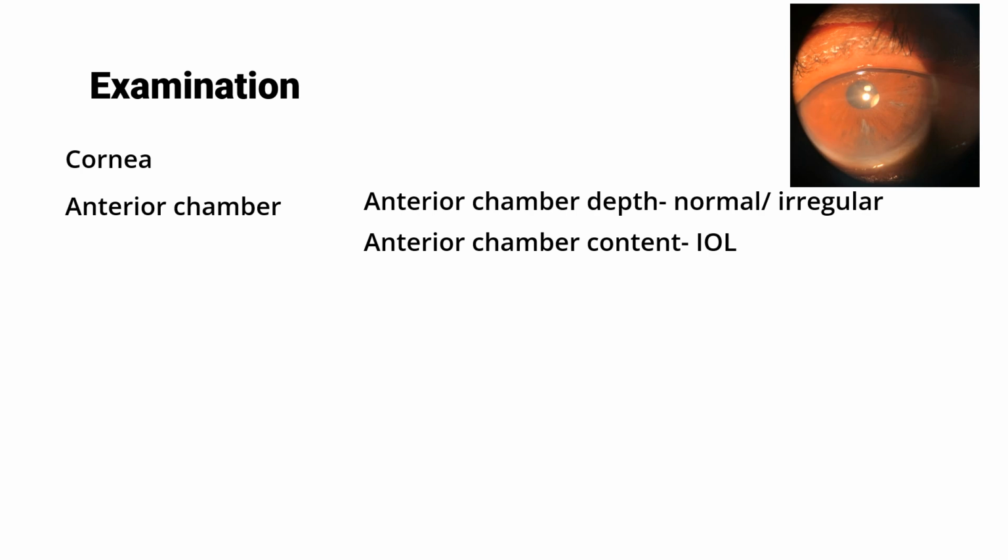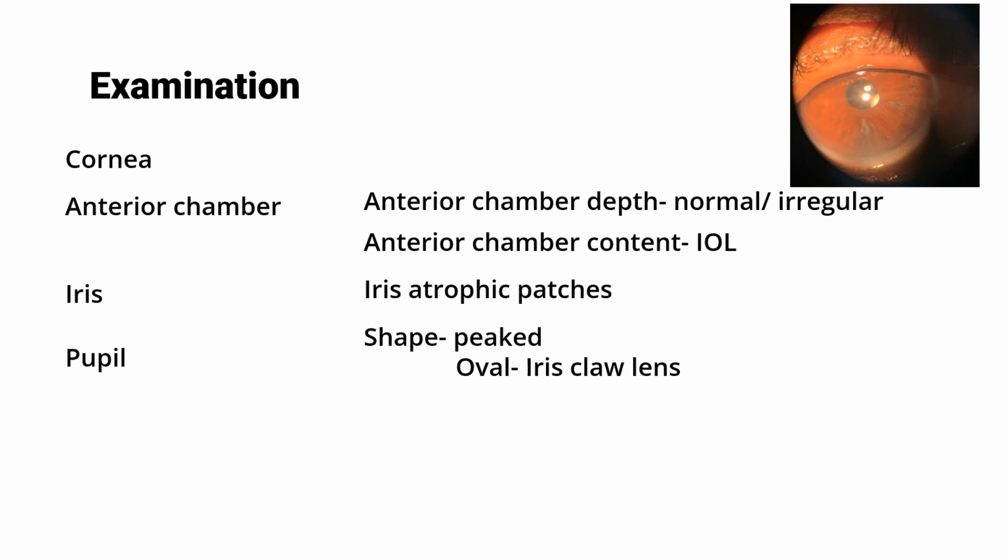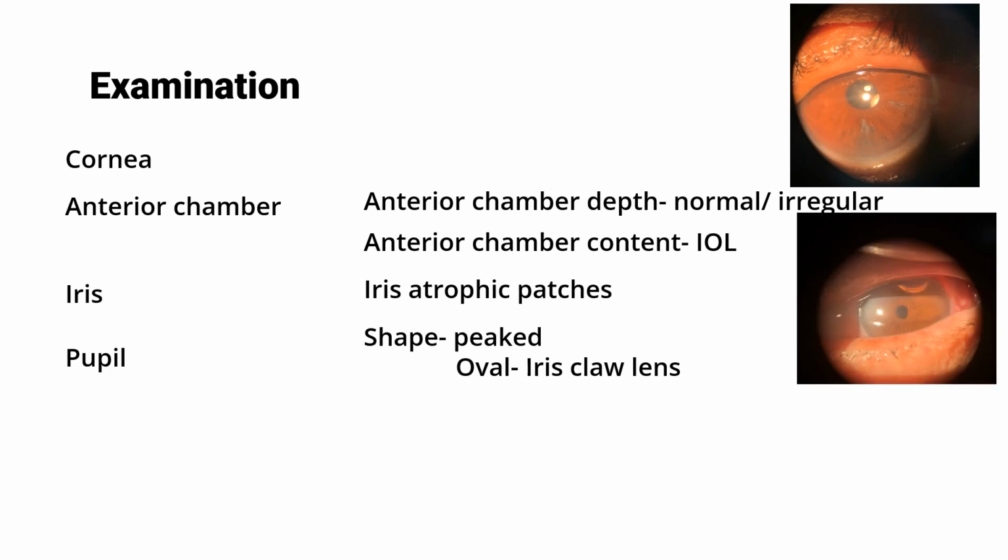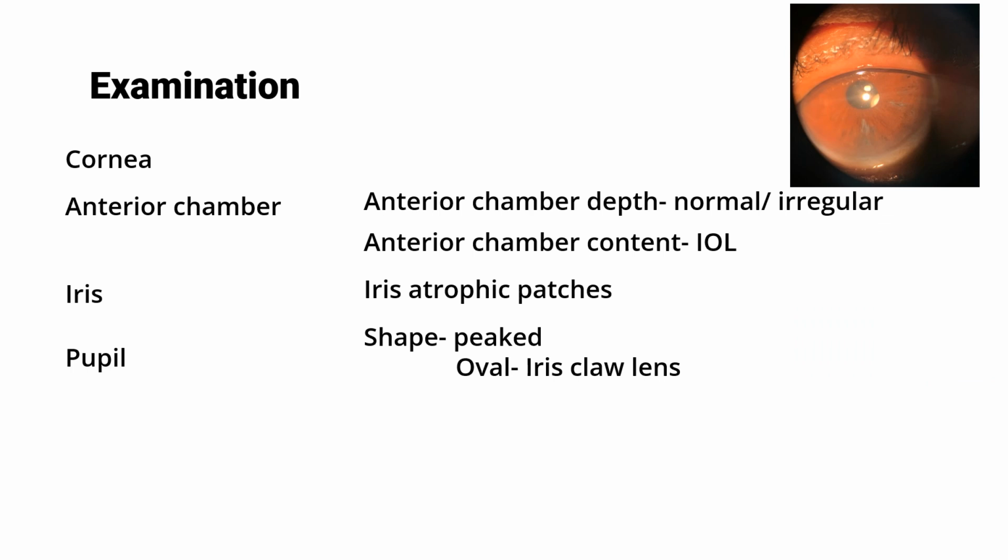Then iris, sometimes you can see iris atrophic patches. If they're there, you will present it. If not, you will say it is normal. Then pupil, it might be normal, sometimes it is peaked or oval, like in this case it is peaked, right? Or in case of an iris claw lens, it can be oval, and you will see a shimmering light reflex.